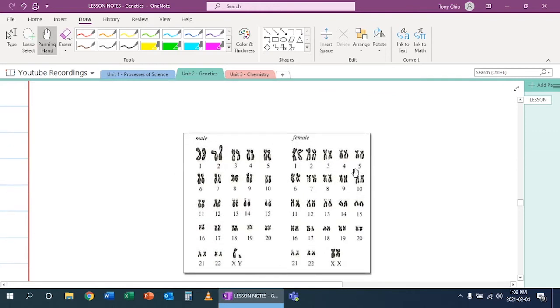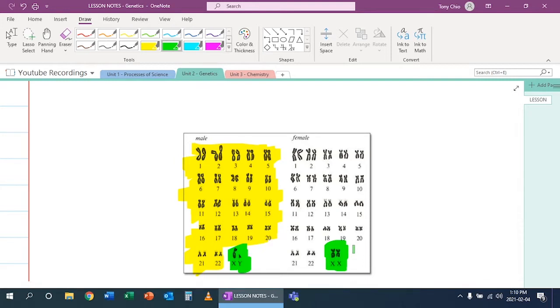Well, if you look at this, these are what we call karyotypes. These 22 of them right here are what we call the homologous chromosomes. They're the same size and they have the same genes in the same location. It's only these ones down here that we call the sex chromosomes. They're the ones that determine the sex of the offspring.